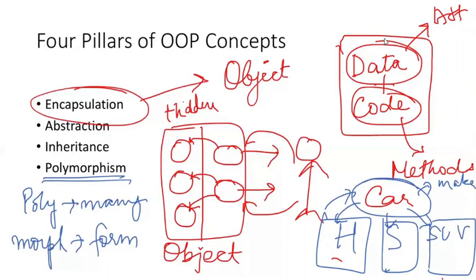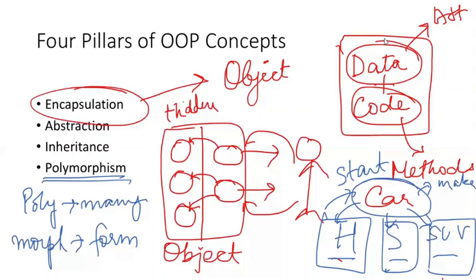So polymorphism is this particular concept where the same function can take multiple forms depending upon who is using it. If I have in car something called start, all of these, whether it's a hatchback or a sedan or a SUV, need to start, but the way in which it starts may be different.